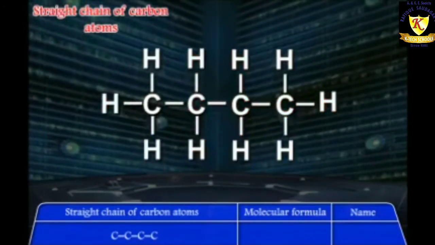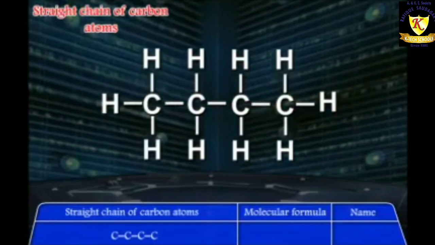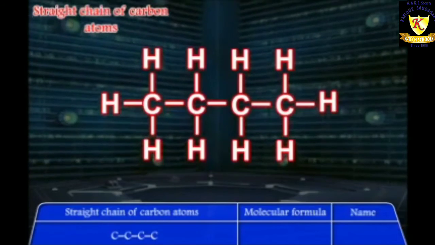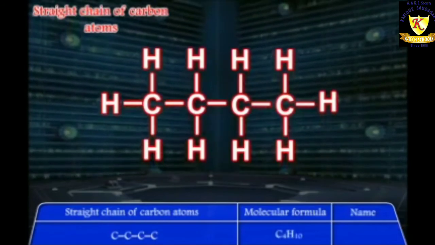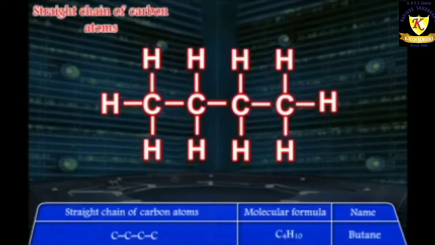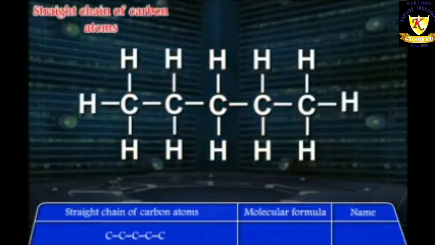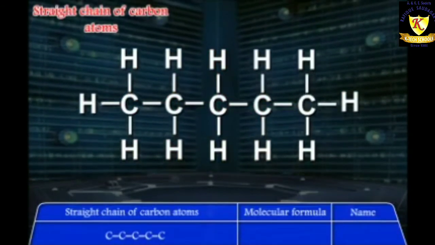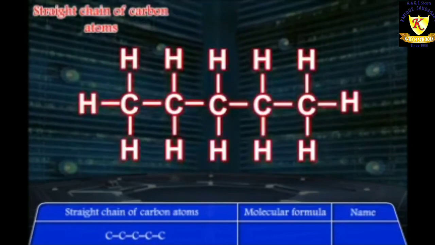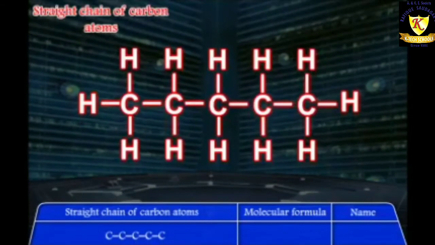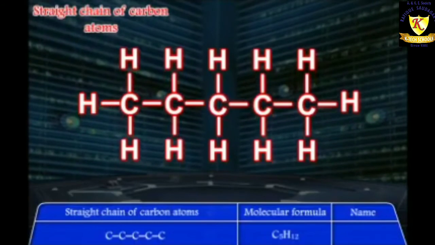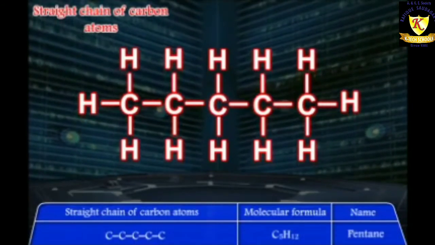Straight chain C bond C bond C bond C. So the molecular formula is C4H10, name butane. Next, straight chain C bond C bond C bond C bond C. The molecular formula here is C5H12 and the name is pentane.